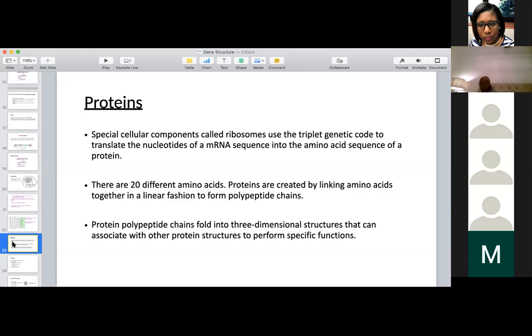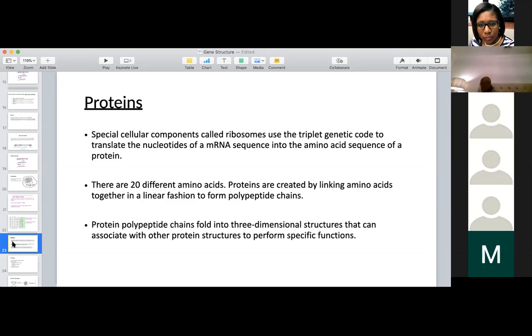We spoke previously about how these protein polypeptide chains can fold and assemble themselves into various 3D structures that can influence their specific functions.